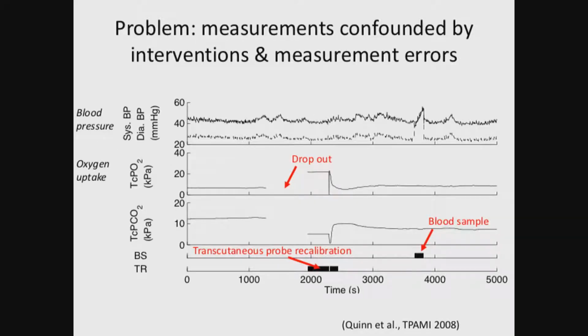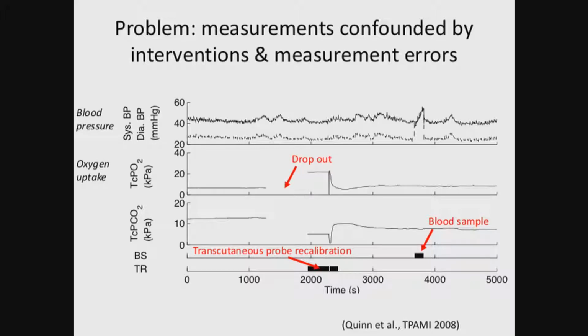So the first problem that I want us to think about is one of trying to understand how do we deconvolve between the truth of what's going on with, for example, the patient's blood pressure or oxygen versus interventions that are happening to them. So on the bottom here, I'm showing examples of interventions.